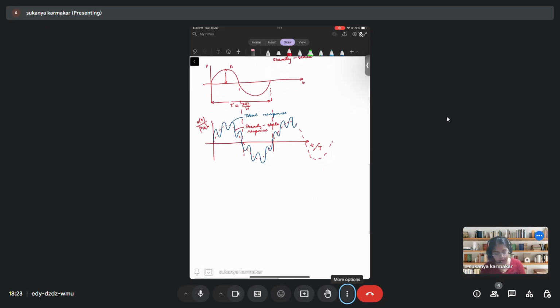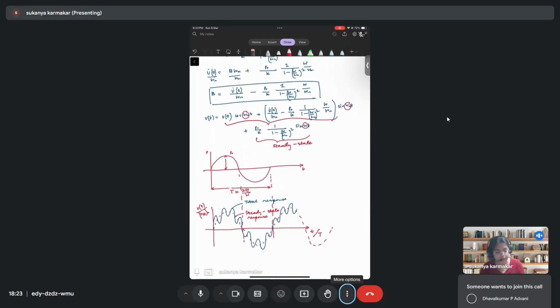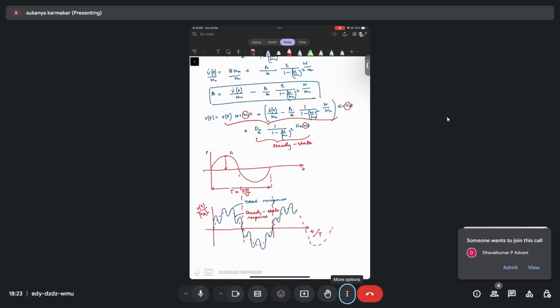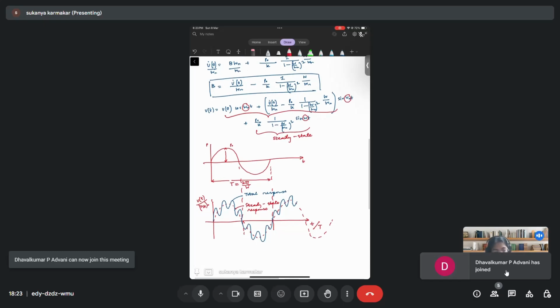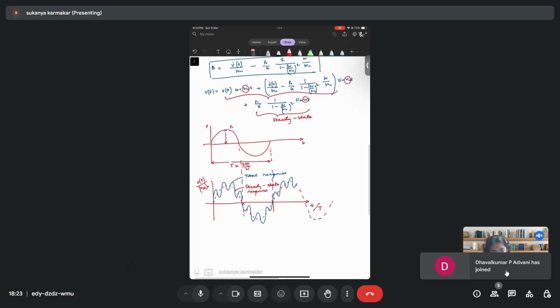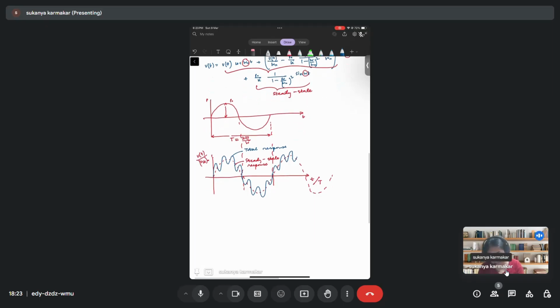So let's consider in this solution which we had written that your initial conditions are 0. Initial conditions are 0, meaning here u of 0 is 0 and u dot 0 is also 0.